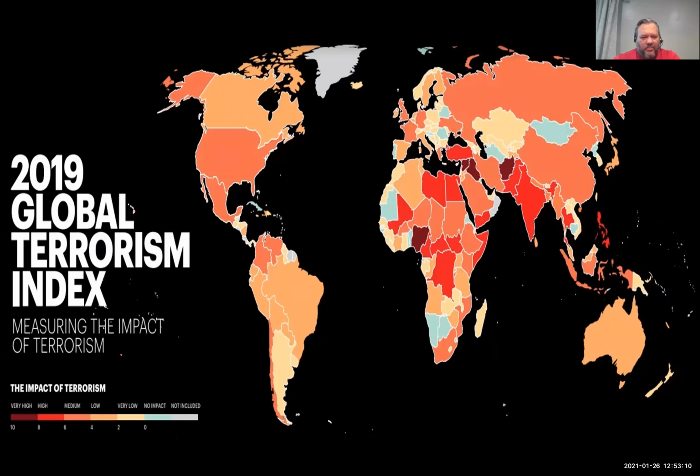Here's a global terrorism index. So if we have gray, that's not included, so that doesn't count. The light blue, I guess we'd call it, means that there's no impact of terrorism. And then as you get to the dark red, that would be the biggest impact. And so if you were looking at these countries, the ones up in this area, in between orange and red and then dark red, these might be the countries where you might expect to see devolutionary forces taking more hold.